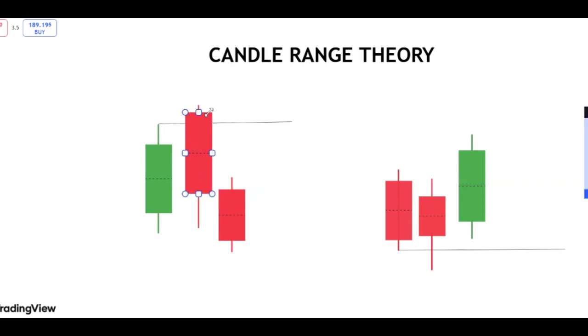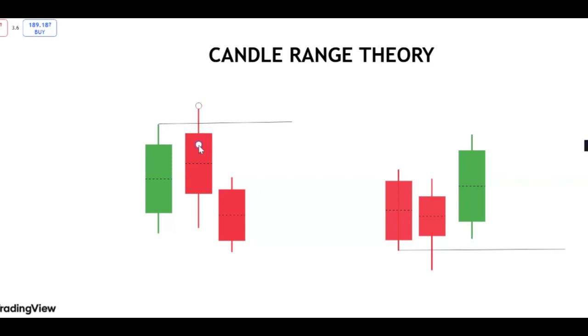It shows that the price will continue, right? That means we have a break of market structure above the previous candle high. Now, we have price closing below the high of the previous candle. This is the first thing you need to note in candle range theory: taking out the previous high and then closing below the previous high.